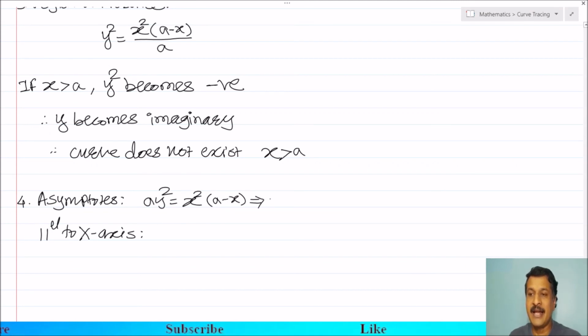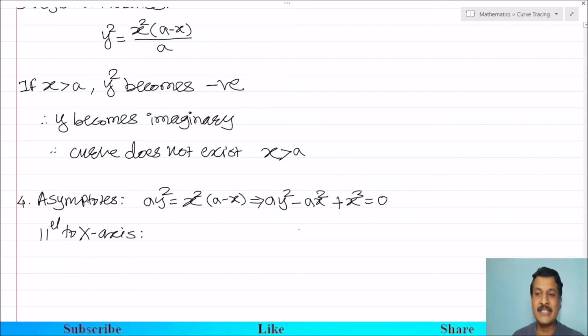This implies that a y square minus a x square plus x cube equal to 0. So what is the highest power in x? Here the power of x is 0, here 2 and here 3. So the highest power is here. What is the coefficient of x cube? It is 1. So 1 equal to 0. It is not a valid equation. And that is why an asymptote parallel to x-axis does not exist.